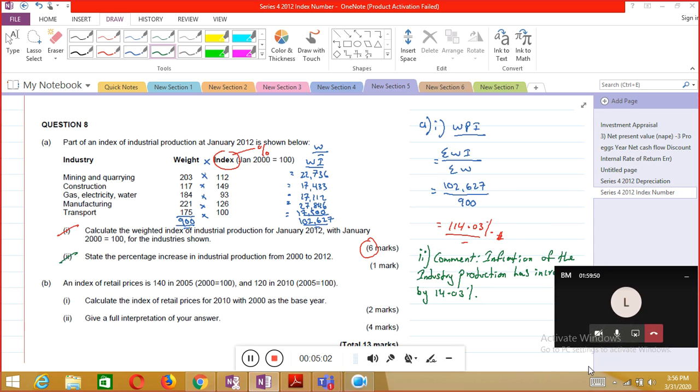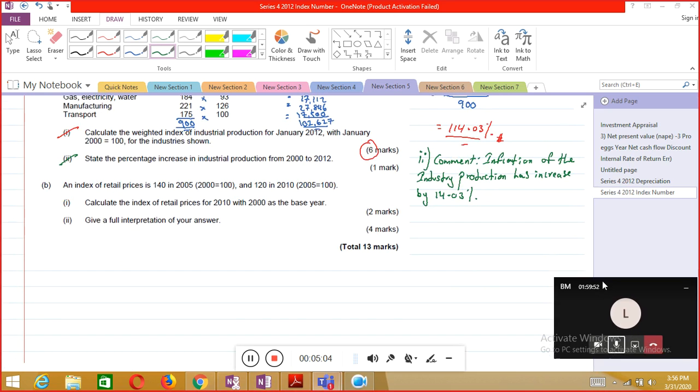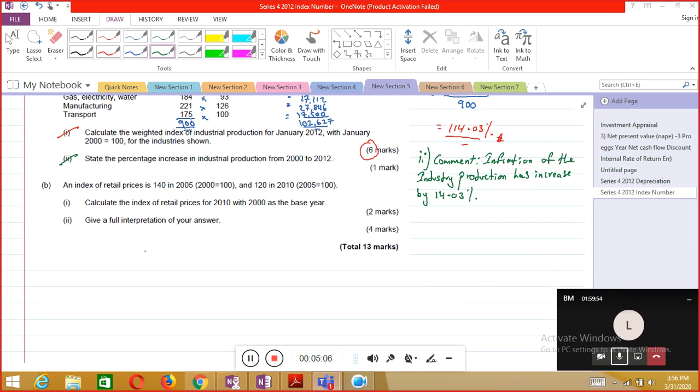Now B1. In your B1, an index of retail price is 140 in 2005, 2000 equals 100, and 120 in 2010, 2005 equals 100.